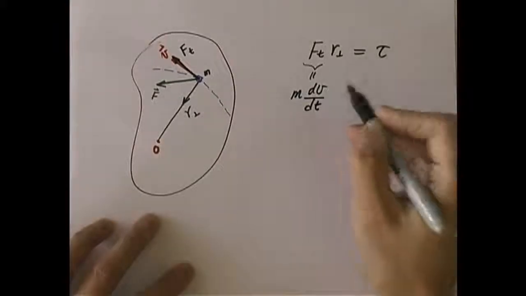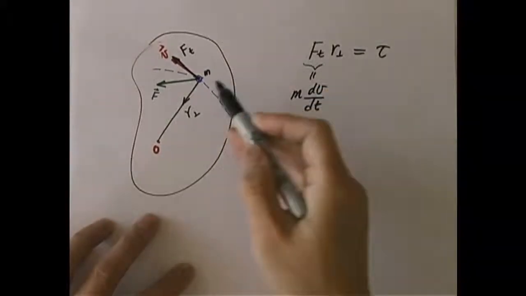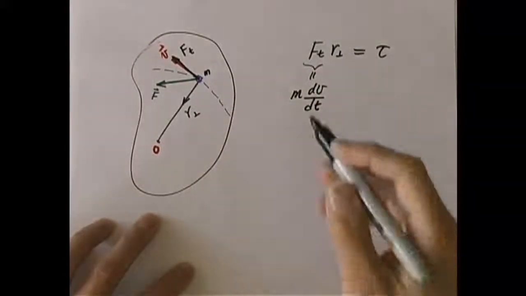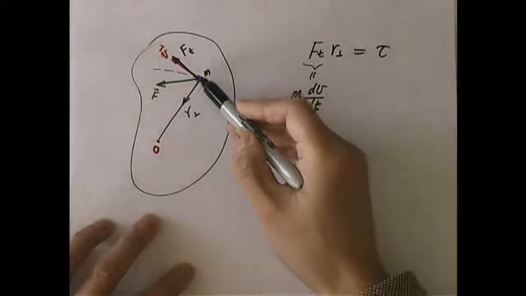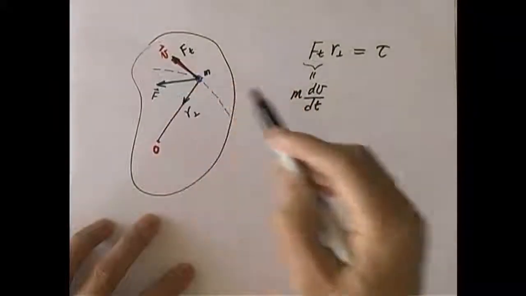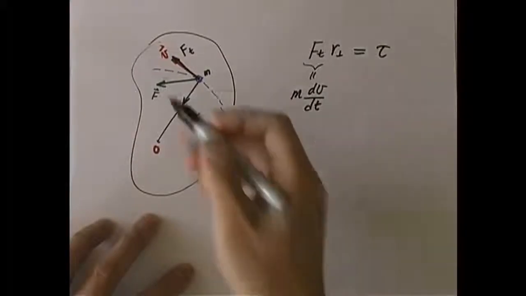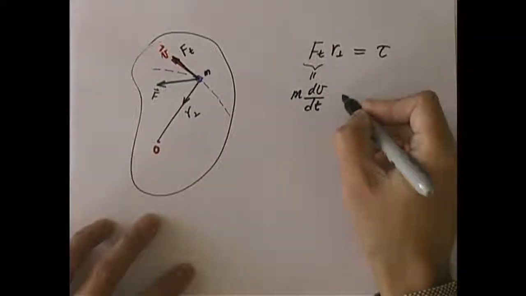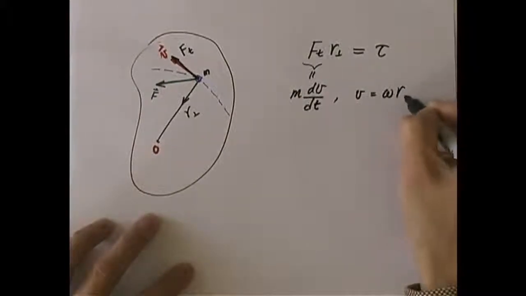Not the whole velocity, but just the speed portion of the velocity. This is what makes it slow down or speed up. Meanwhile, this v is the linear speed of this object doing a circular motion. Let me rewrite it in terms of angular speed, because we know omega is the same for the entire object, so that makes things a little easier. So v equals omega times r perp.